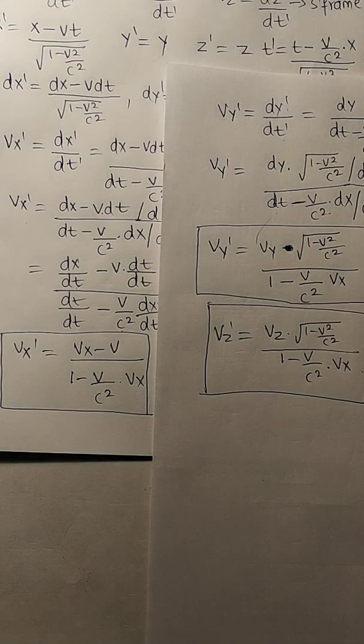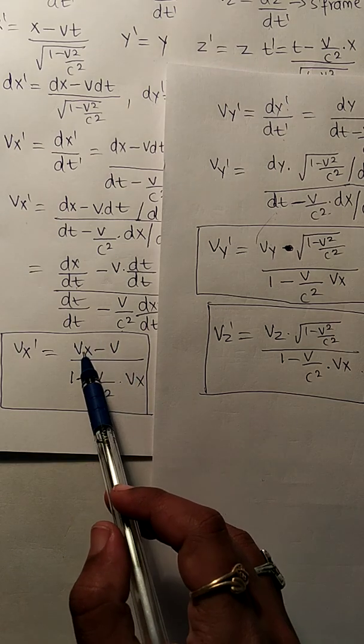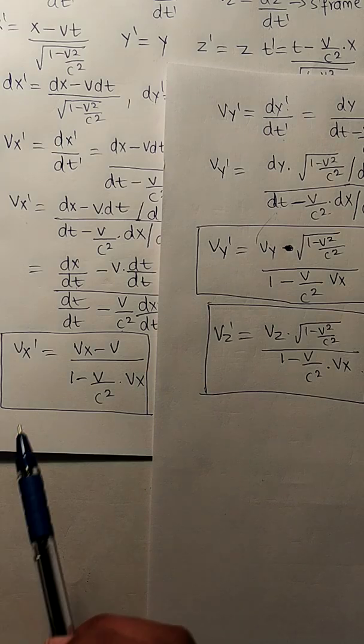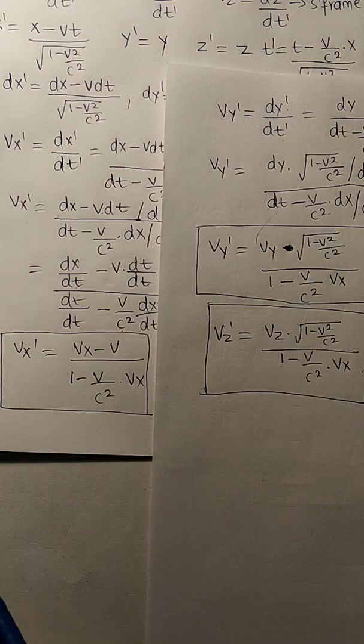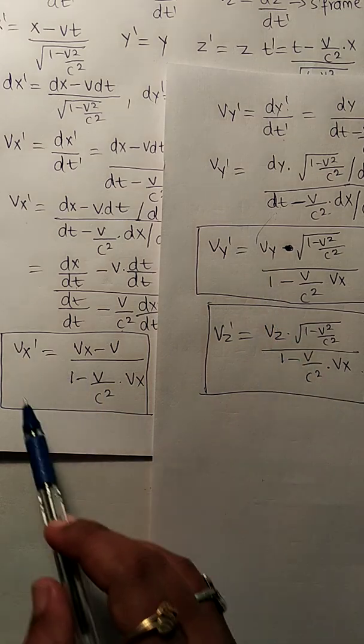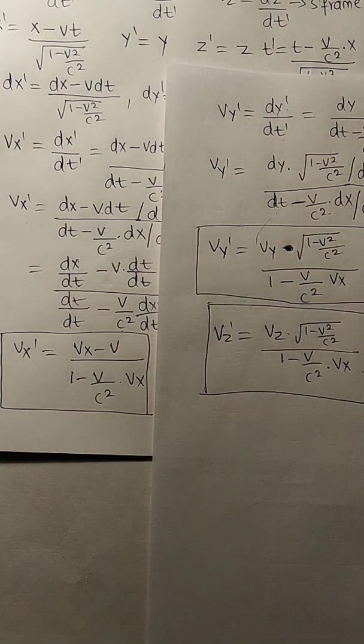In the same way, how will we calculate φx, φy and φz when the φx dash value we already know? That I will tell in the next class: how to determine φx, φy and φz from these values. And also we are going to find the second postulate of Einstein's theory, the most important thing.